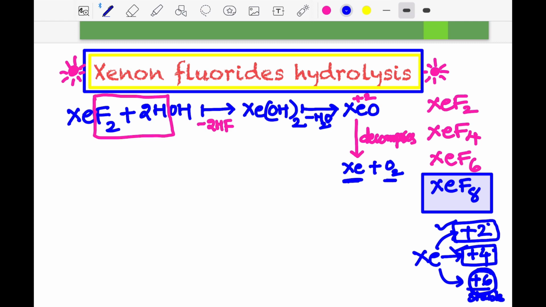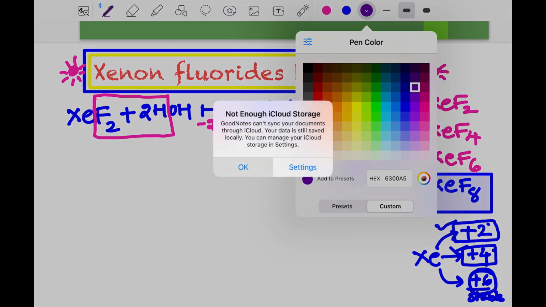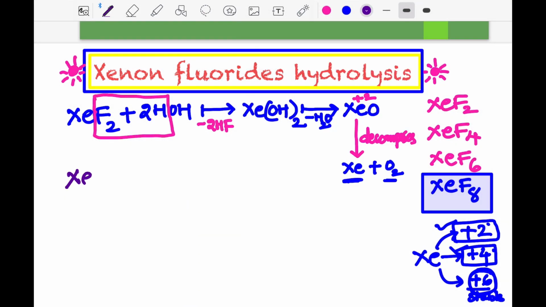Right. Now we'll talk about XeF4. So this is important here. In XeF4, xenon exhibits +4 oxidation number, which is an intermediary oxidation number which undergoes disproportionation.